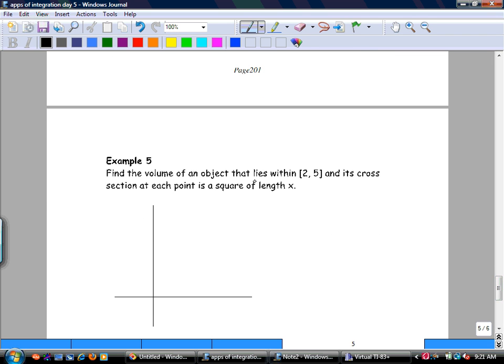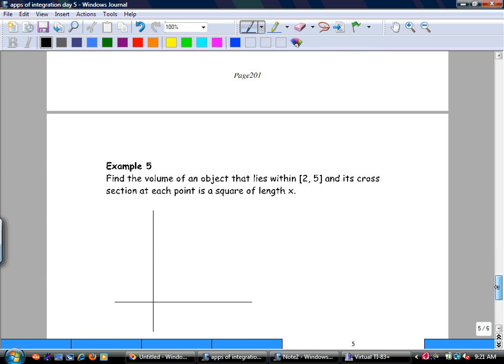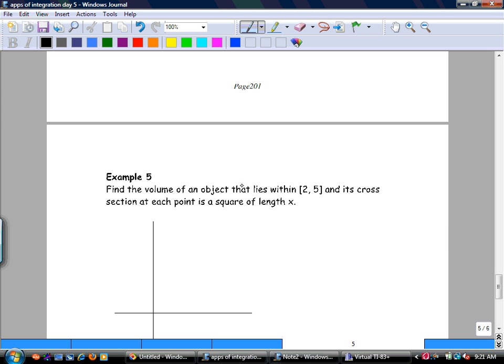Find the volume of an object that lies between 2 and 5, and its cross-section at each point is a square with length x.